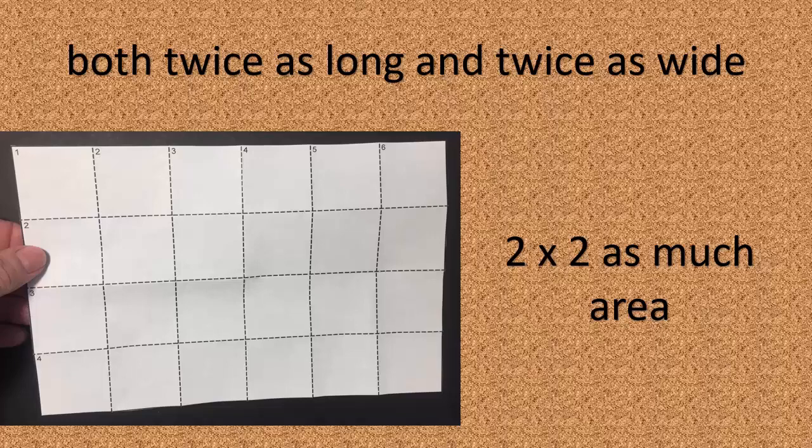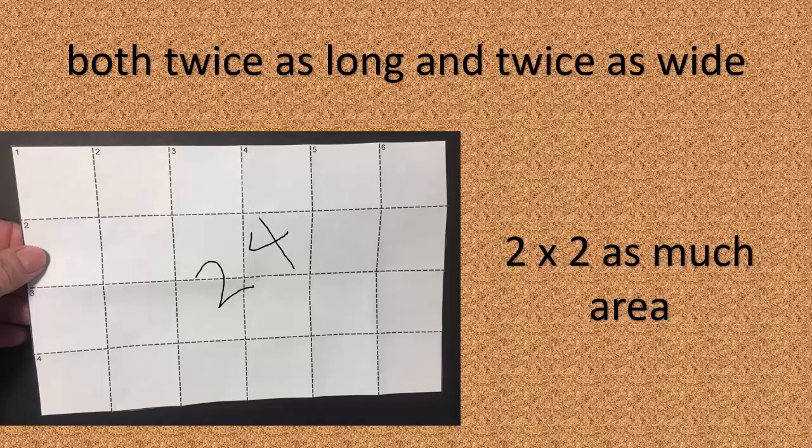Now look what happens though when we make both the length and the width twice as much. So both twice as long and twice as wide. Now we have 24 squares of area. So it's not just twice as much area as what we started out with. We started out with an area of 6, and now we have an area of 24.